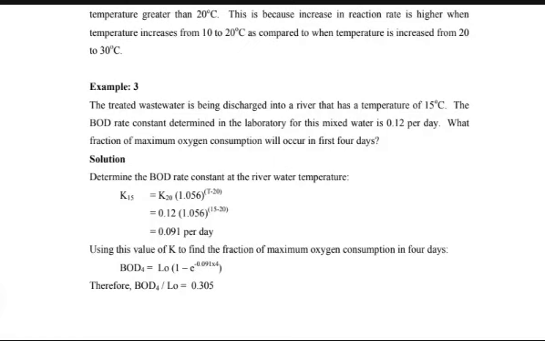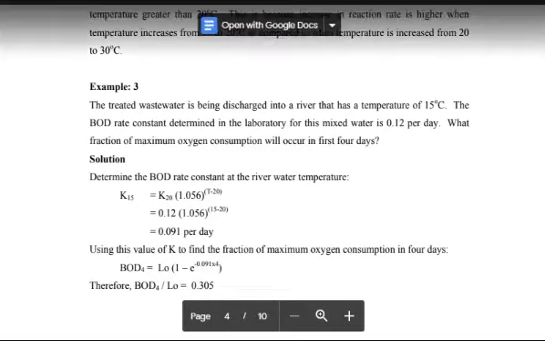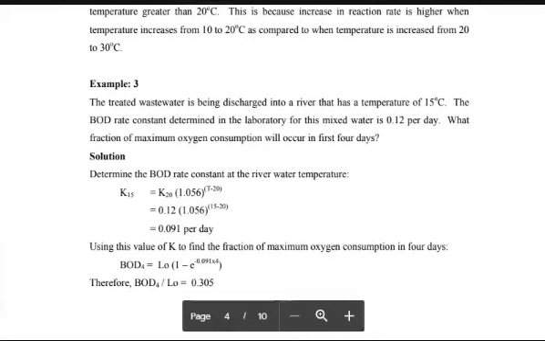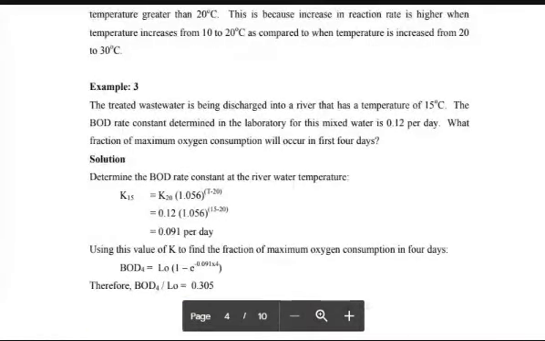So here we have the formula to calculate the BOD value at a particular time period. Here you can write, find the fraction of maximum oxygen consumption in 4 days. Now write down the formula. BOD suffix small t. Write the formula first and then put in the values mentioned in the numerical statement.